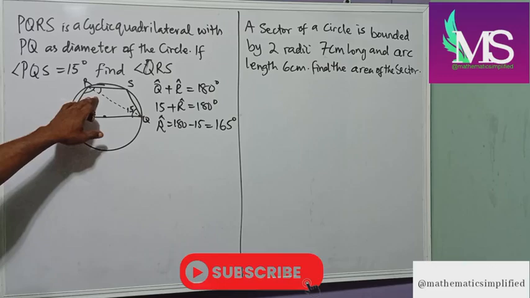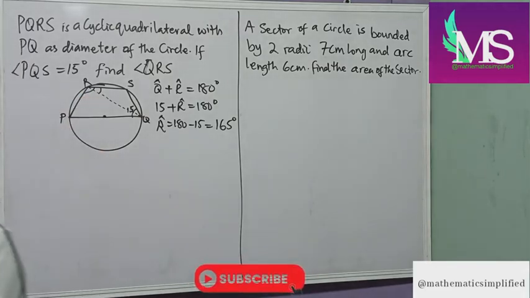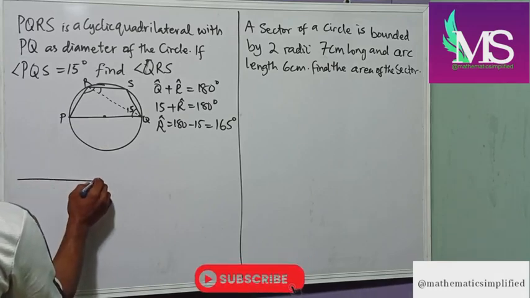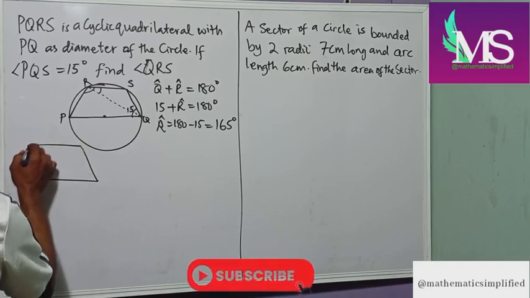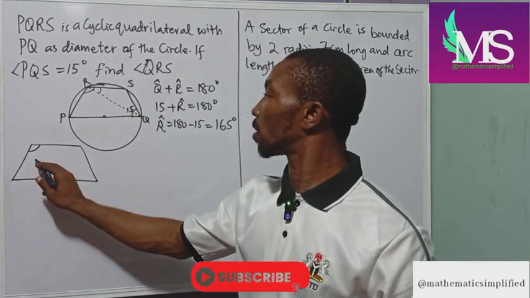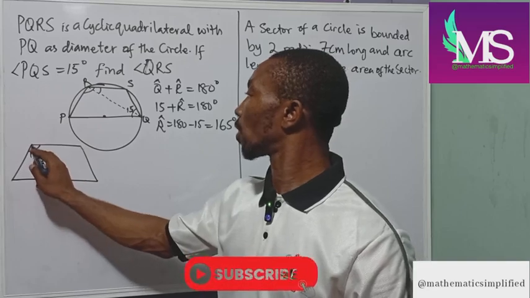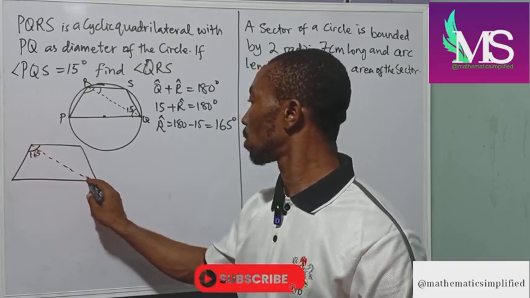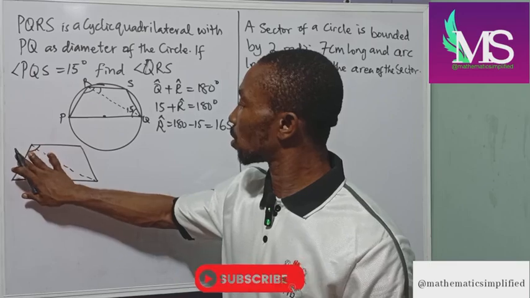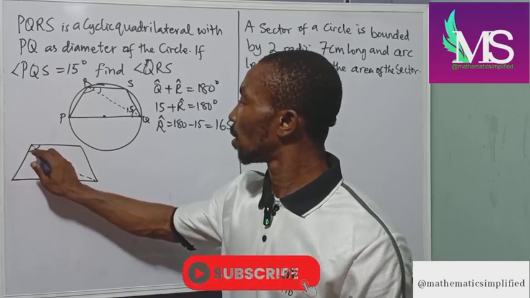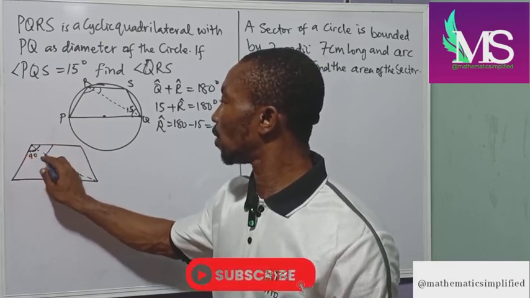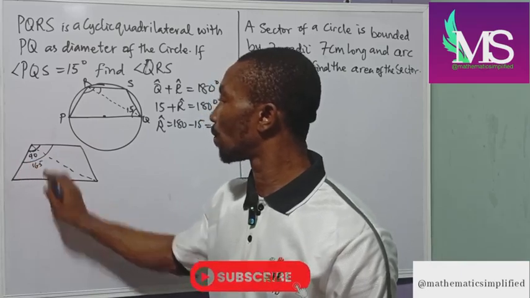Let me bring out this diagram to explain better. If all this is 165 degrees, and we cut out this portion here, this portion is 90 and this bigger one is 165.